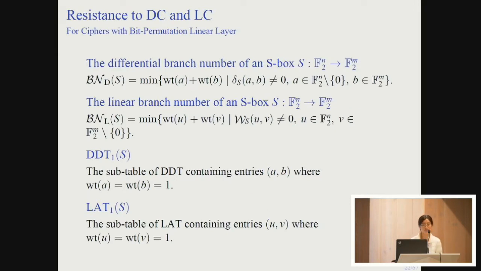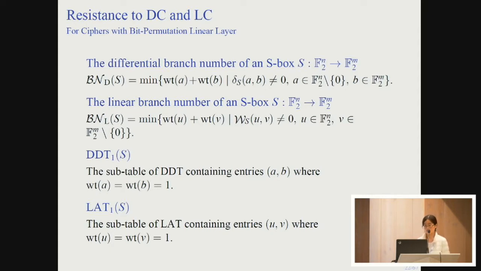For some ciphers, their linear layer only consists of bit permutation. So the S-box not only provides some confusion, but also some diffusion. So the differential branch number and the linear branch number may be criteria for the design.